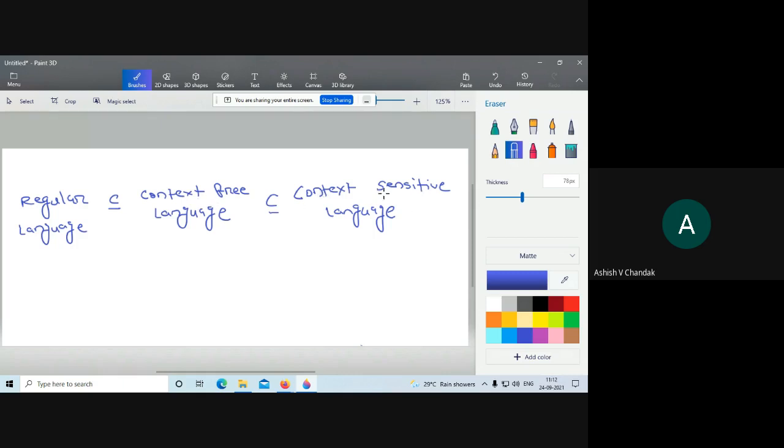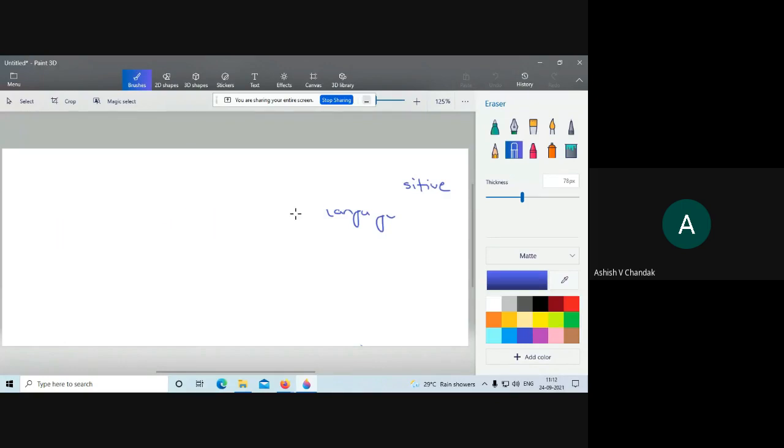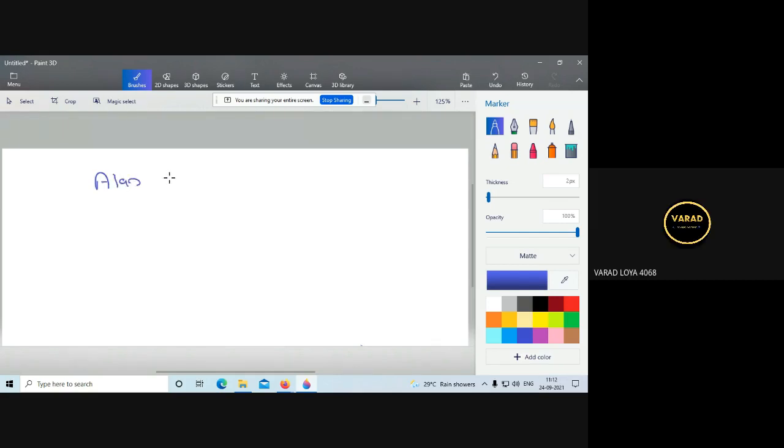Okay. So Turing machine. Do you know the Alan Turing Award? Yes, sir. Can anyone describe what the Alan Turing Award is? Sir, it is like the highest prize in the computer science field. Yes. So Alan Turing Award, he died in 1937.